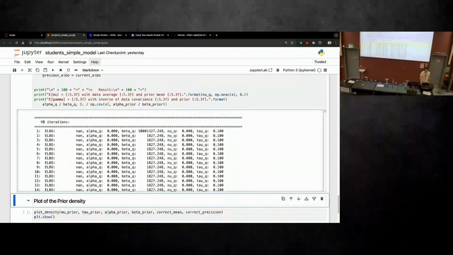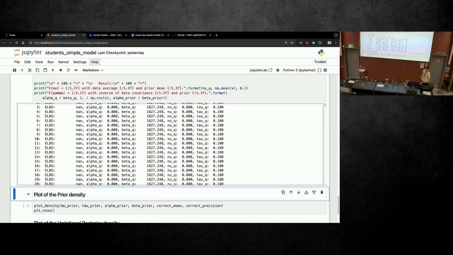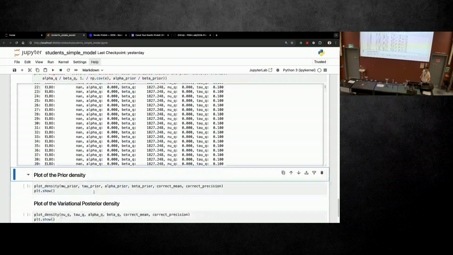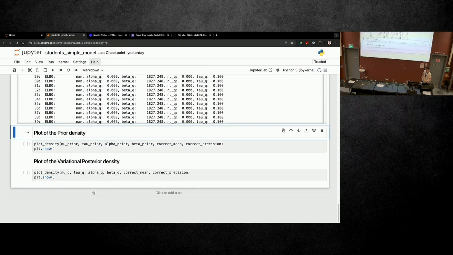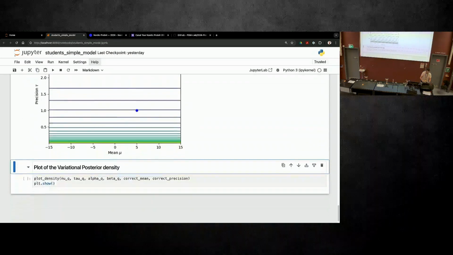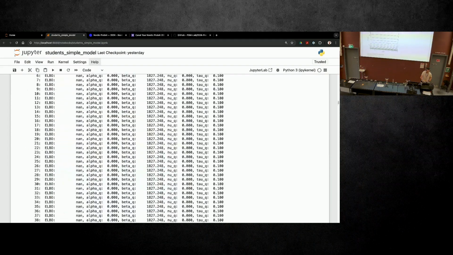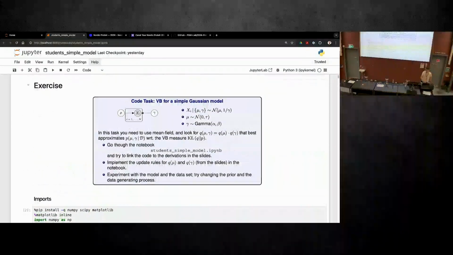And if you just run it as it is, then this is what you get. You can see there are some values here that don't make sense, but that's because we haven't implemented the updating rules yet. And then down here, there's a bit of a test where you can plot the densities that you calculated. Not very informative at this point, but that's also for getting a bit more insight into the model.